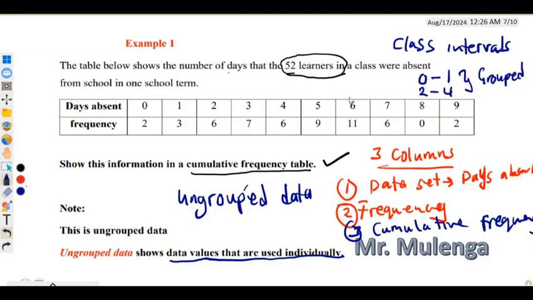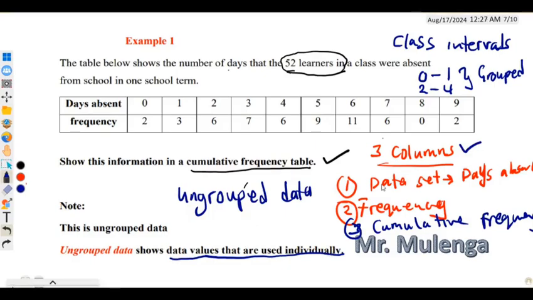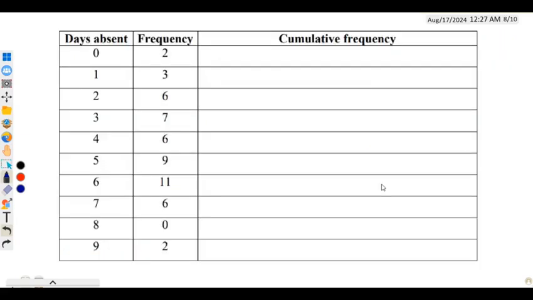So in our first example, we are using ungrouped data. How can we show this in a cumulative frequency table, bearing in mind that we need to come up with 3 columns? Let's see how we can answer it. We are going to draw a table with 3 columns. So this is our table.